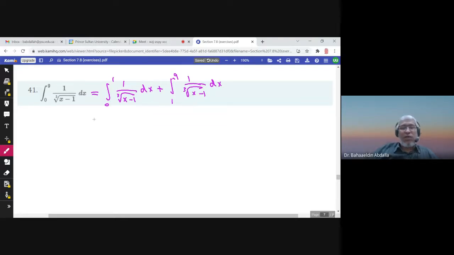Now let us find the first integral, I. It is the limit when t approaches 1 from the left of the integral from 0 to t of x minus 1 to the power -1 over 3 dx.